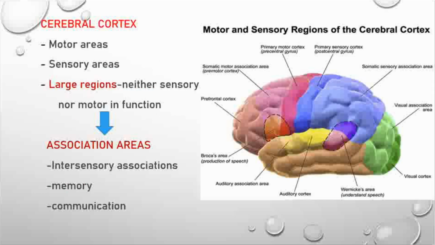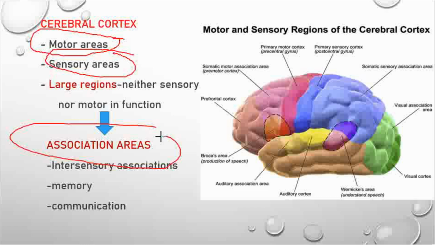Next, in the cerebral cortex, what areas are there? As I said, there are many areas. They contain the motor area, sensory area, and also the association area. What is the motor area in the cerebral cortex?